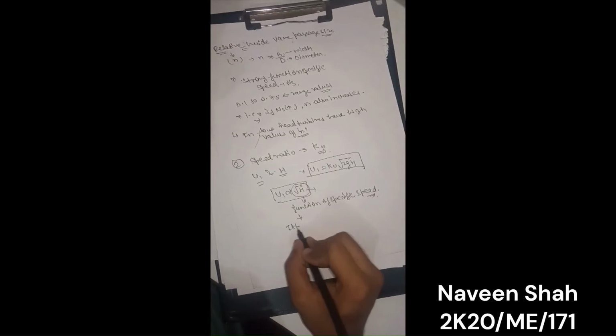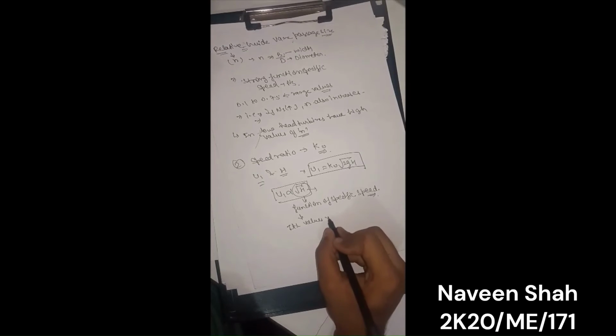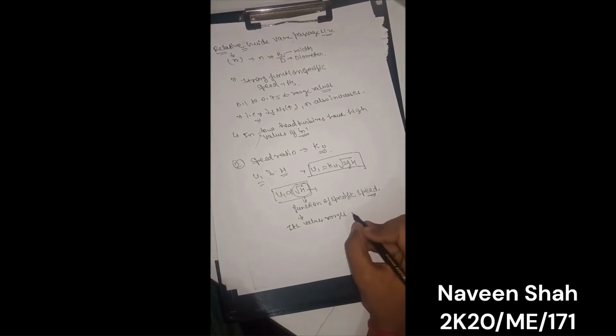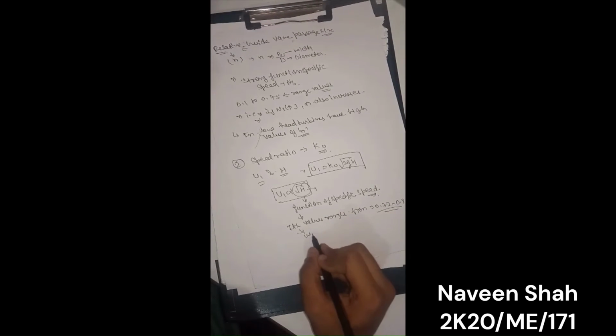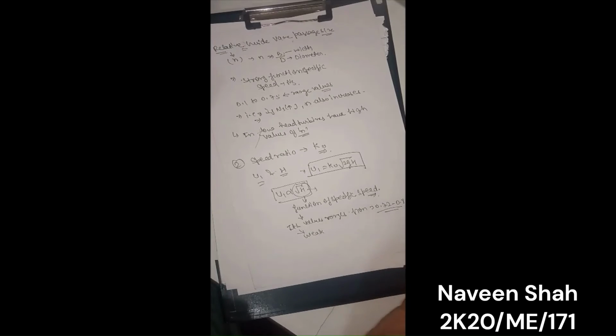Its value ranges from 0.72 to 0.82. Generally, it is a weak function, so its value does not vary much.